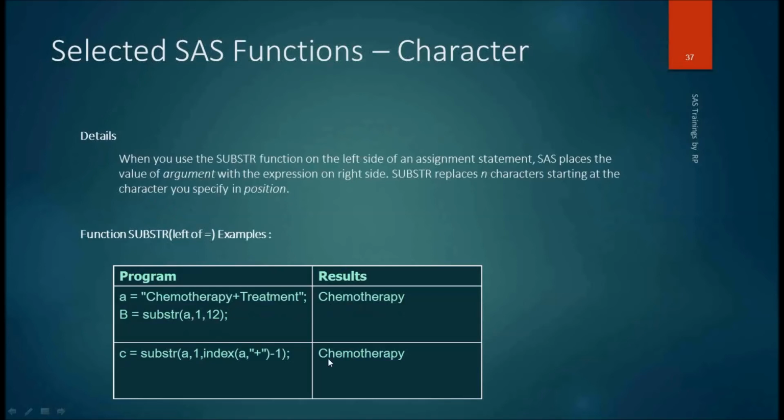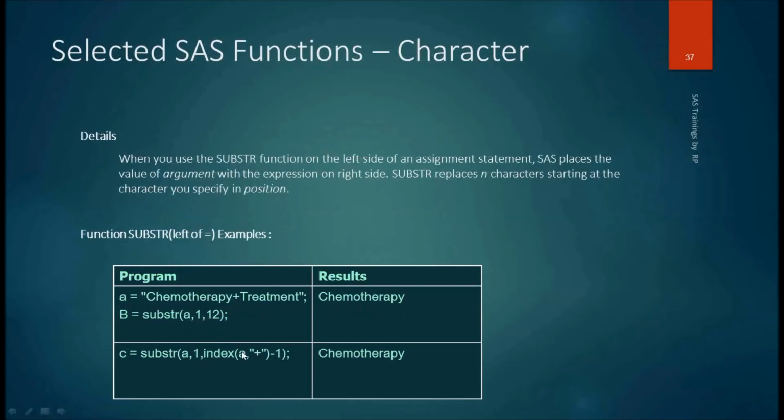And there is one more way. Like I mentioned, in functions, you can use a function within a function. So here I have one function called the index function, which is used inside the substring function. The index function basically gives you the position of a special character or character present in the argument. Here my special character is the plus sign, so the index function will give you the position of the plus in the character constant.